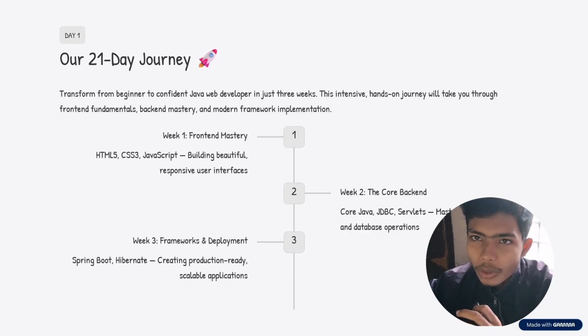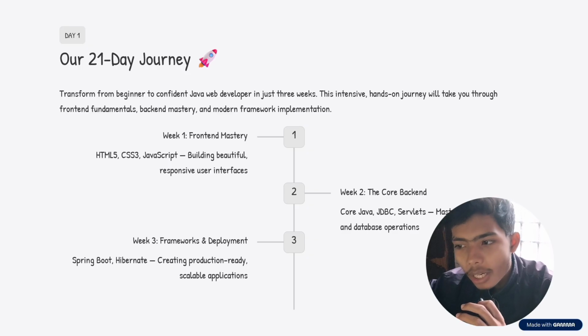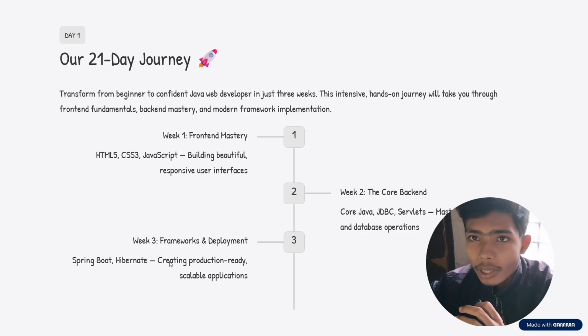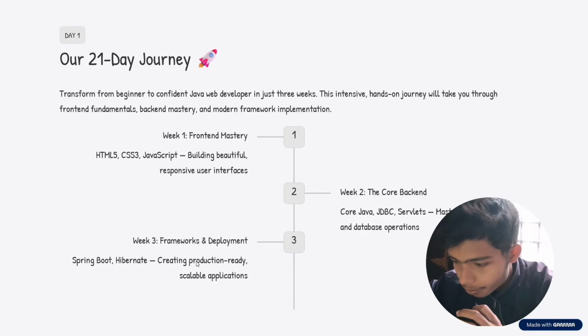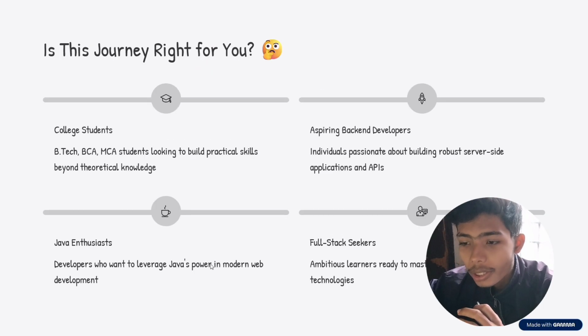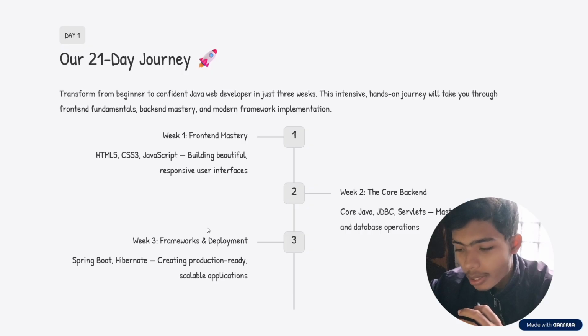In week 2, we learn the core backend: core Java, JDBC (Java Database Connectivity), and servlets for mastering server-side logic and database operations. In the third week, we learn about frameworks and deployment: Spring Boot, Hibernate, and how we will deploy our project, creating production-ready and scalable applications.